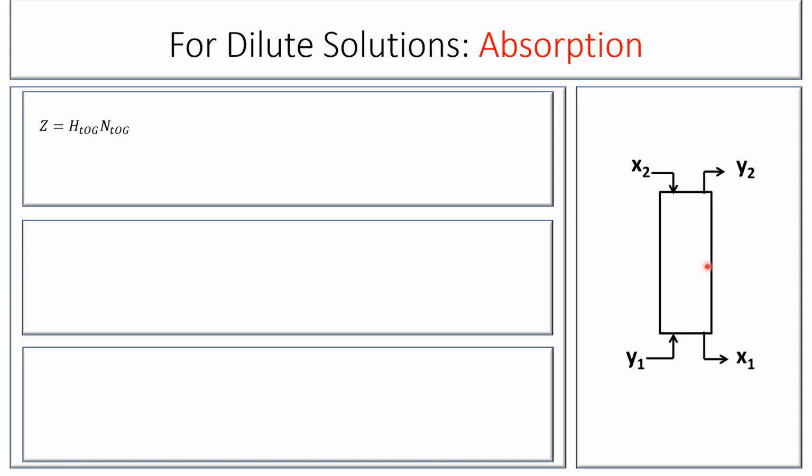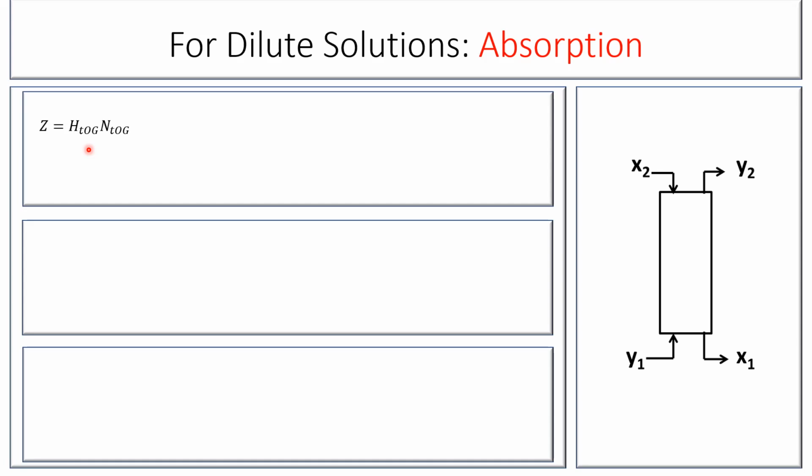Now the value for the height of each section, the height of transfer units, that is used in designing the absorption system is usually from experimental data. And to ensure greatest accuracy, vendors, and by vendors I mean manufacturers of absorption equipment, normally perform pilot plant studies to determine the height of the transfer units, HTU.